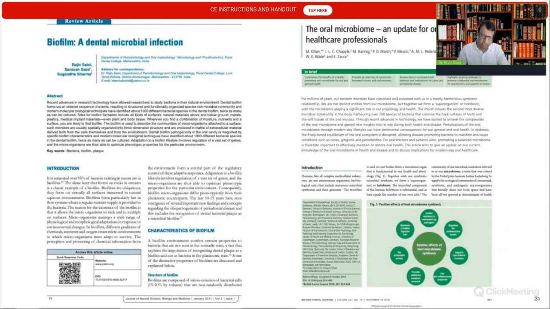So maintaining a balanced microbiome is very important, and that cannot be achieved unless we are using natural oral care products that not only supplement the nutrition but also do not have any side effects, so that the good bacteria do not get affected.